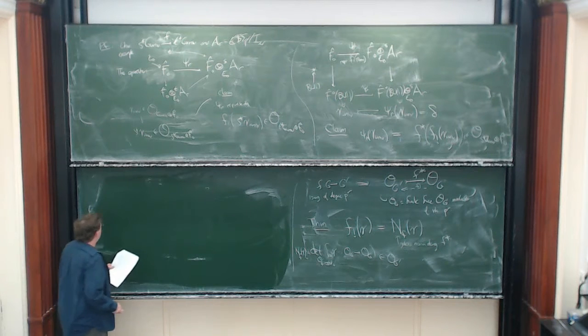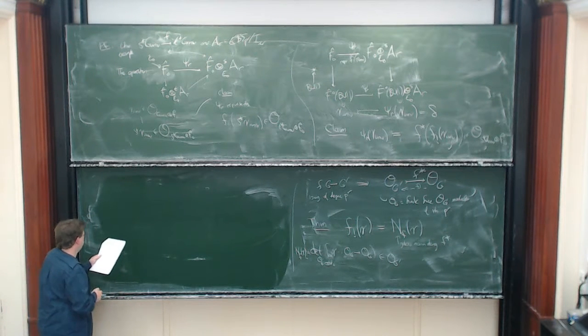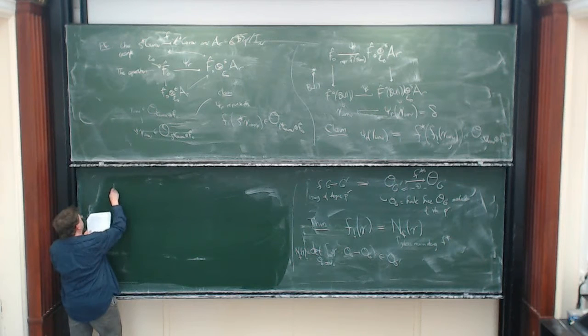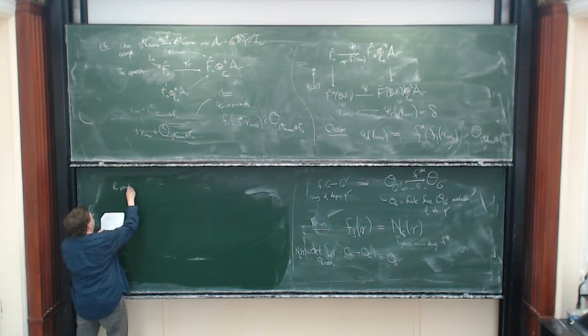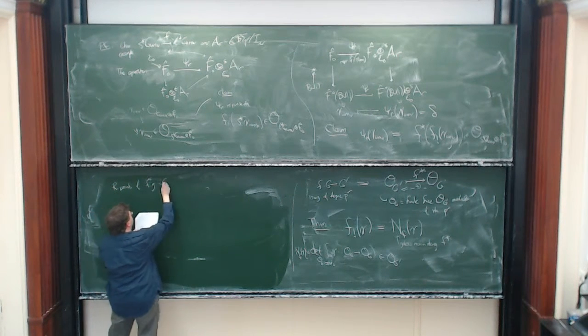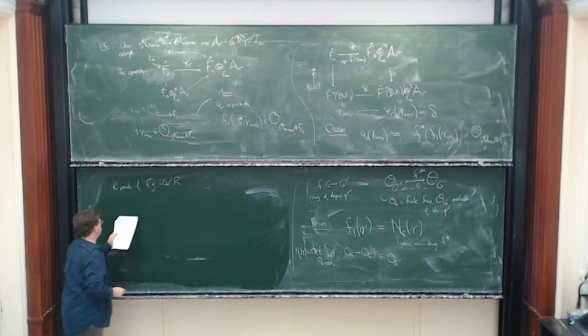All right, so I need one more little bit of notation, which is the R points of a formal group G over E. My formal group is going to be a deformation.